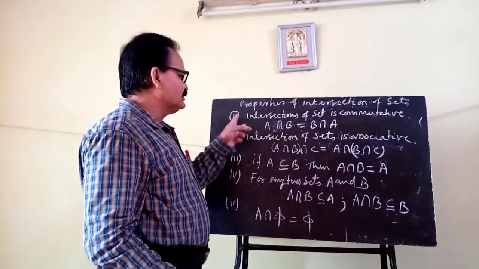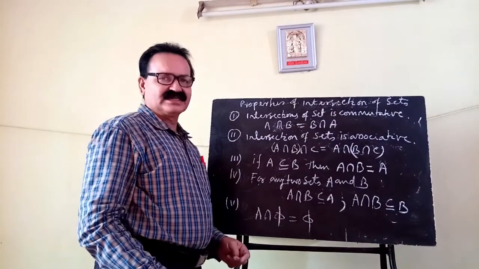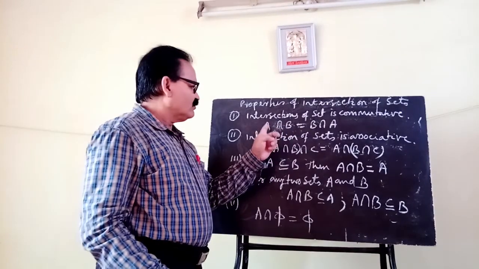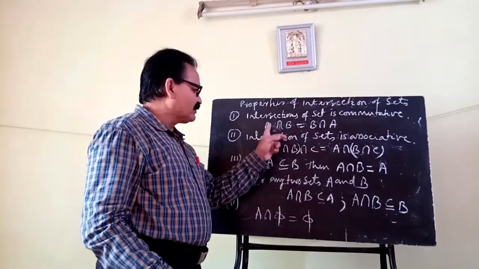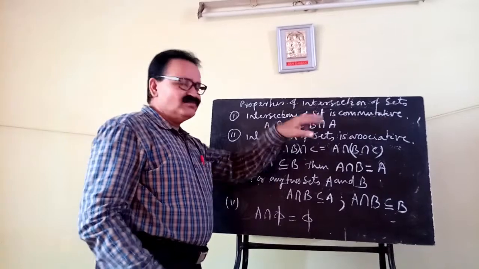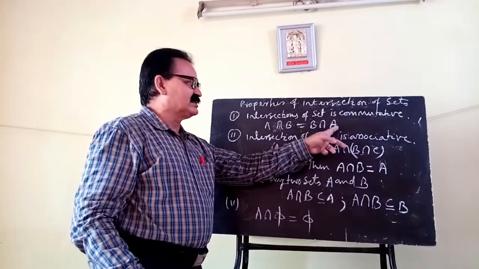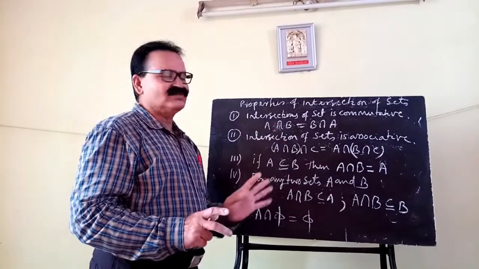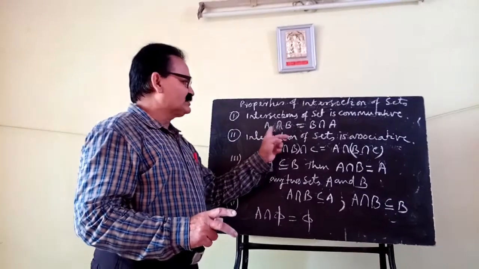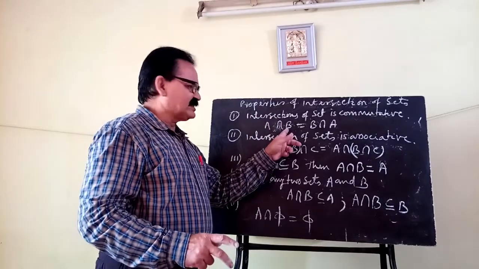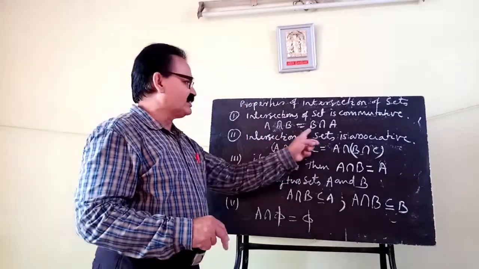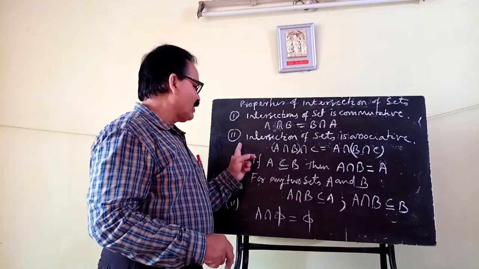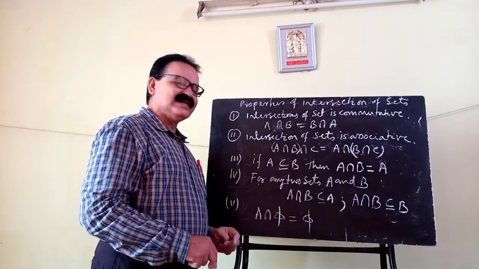Your first property is that intersection of sets is commutative. What does it mean? Suppose A and B are two sets. When you make A intersection B, or you change the sequence to B intersection A, both will have the same common elements. So the answer will be the same. The second property is that intersection of sets is associative.